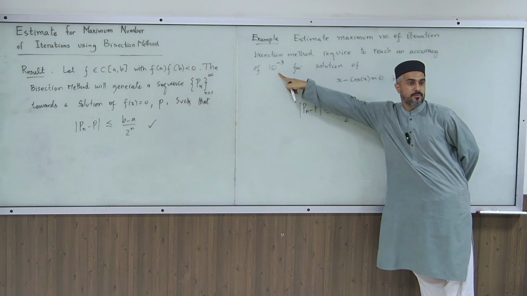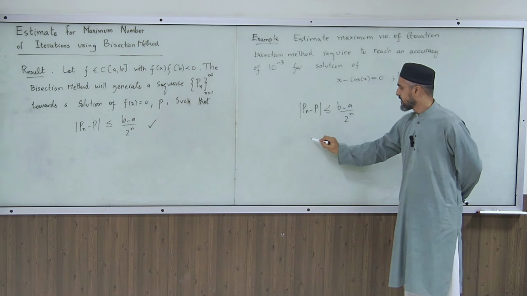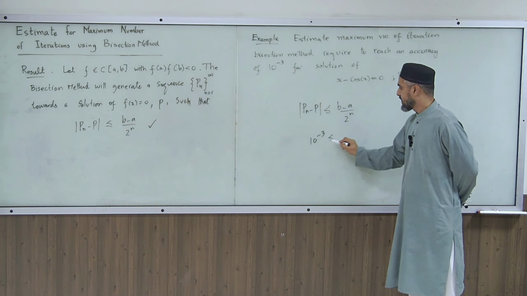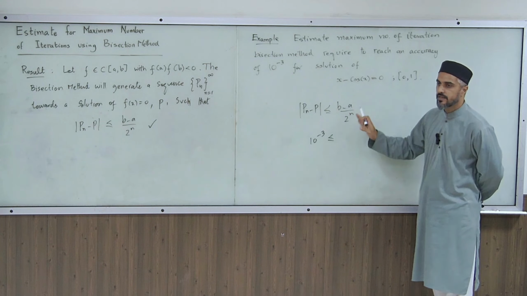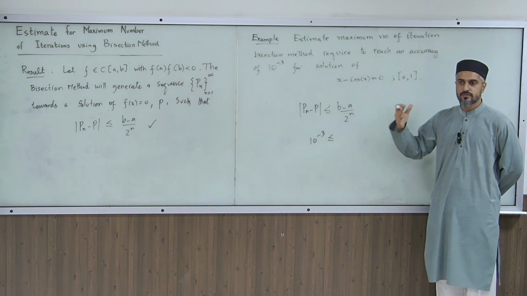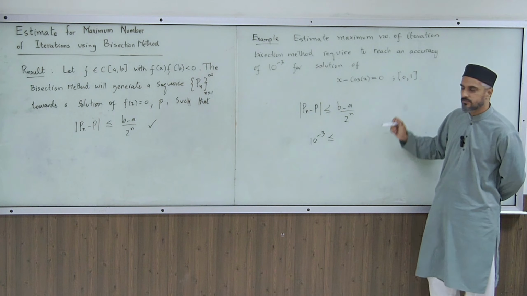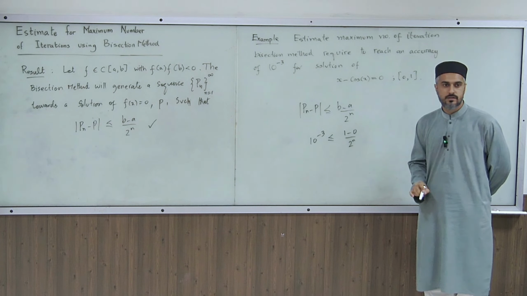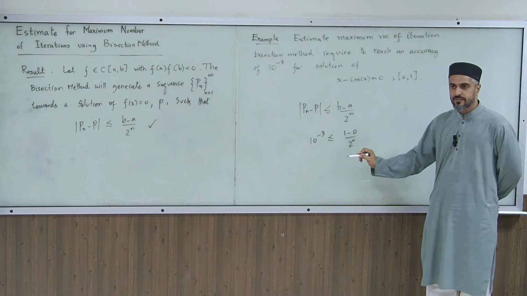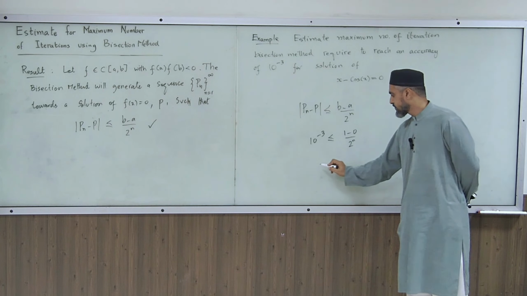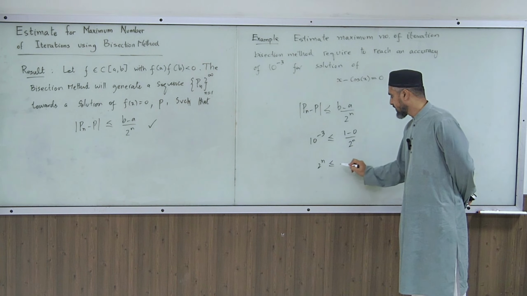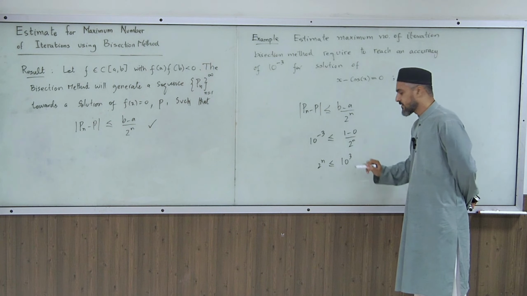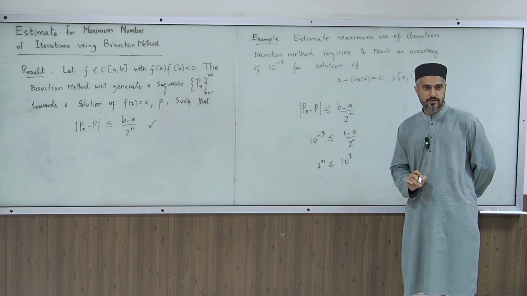It is 10 raised to the power minus 3. So 10 raised to the power minus 3 is less than or equal to, what are b and a? They are the endpoints of the interval. So b is 1 and a is 0. So (1 minus 0) divided by 2 raised to the power n. If I rearrange this, it will be 2 raised to the power n less than 10 raised to the power 3.